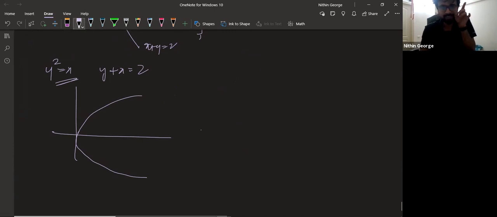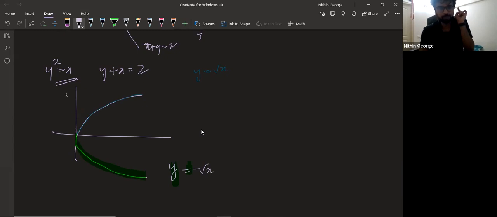It is actually a bunch of two functions. One is y equal to root x, the other is y equal to minus root x. Understanding? Okay, so there are two functions here.